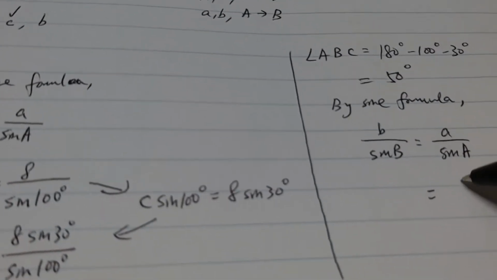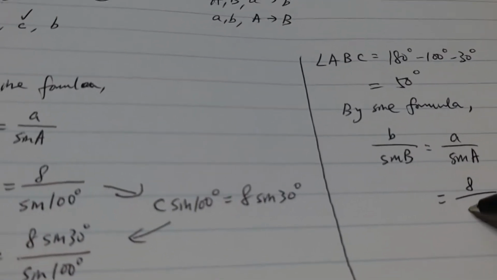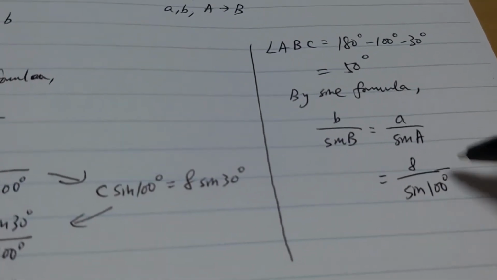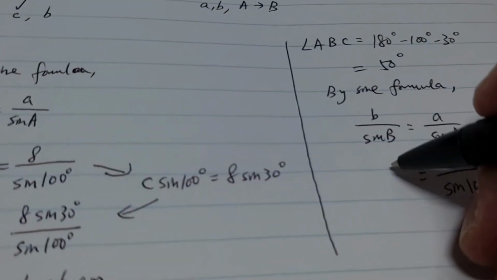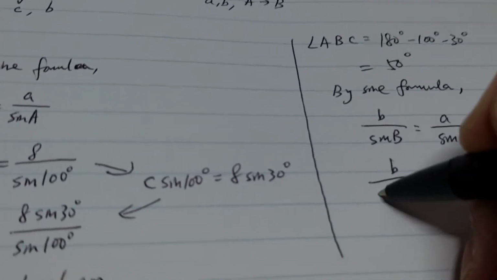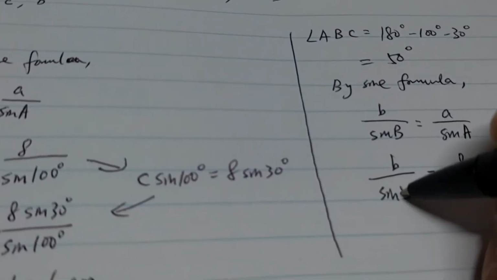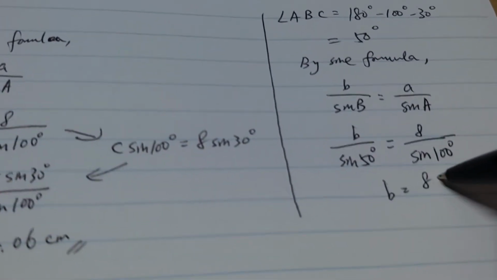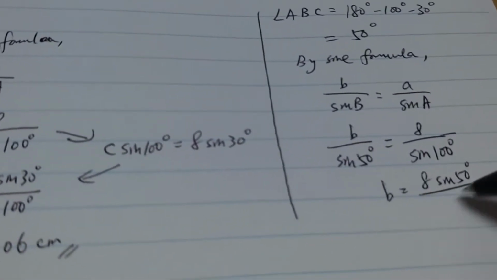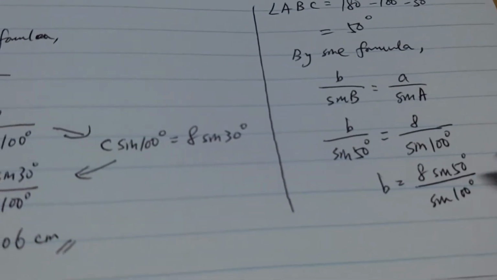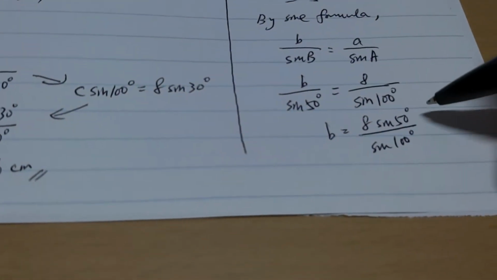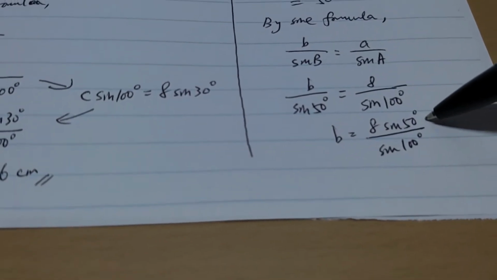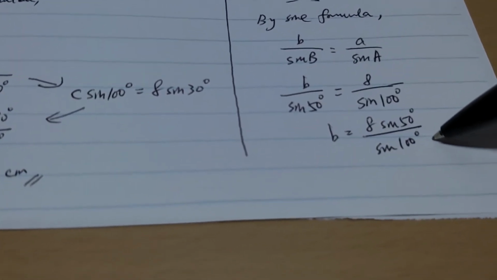Okay, a is 8, angle A is 100 degrees, and b we don't know, and angle B is 50 degrees. So b is equal to 8 sine 50 degrees over sine 100 degrees.